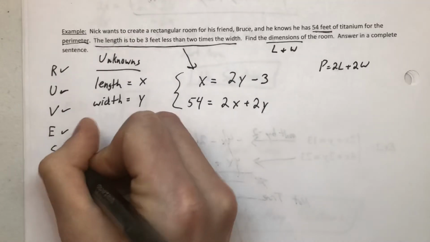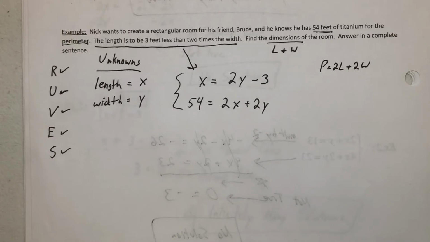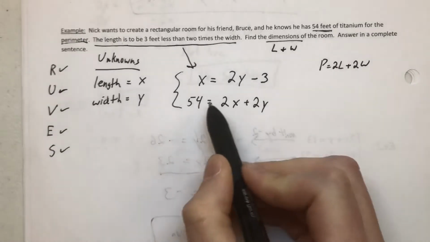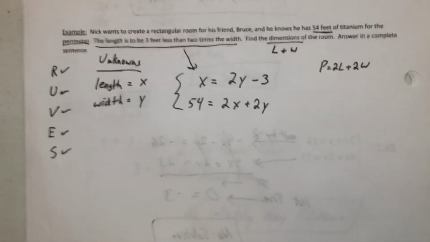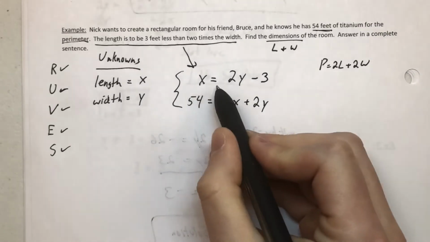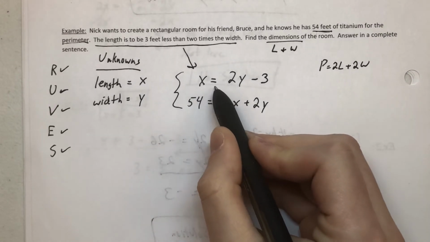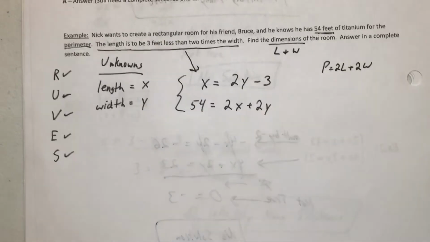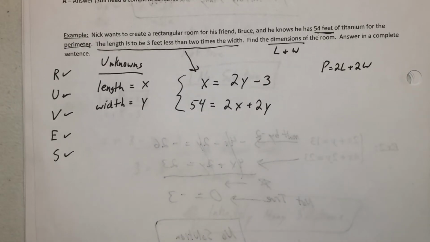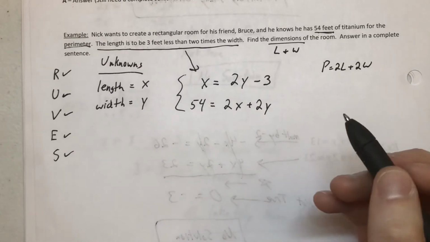Because the S step of solve is nothing more than picking one of our methods to solve this. And in this case, for these equations, since we've got one equation already in the form x equals, right, solved for a variable, that's a good indication or a good hint to say, let's use substitution.